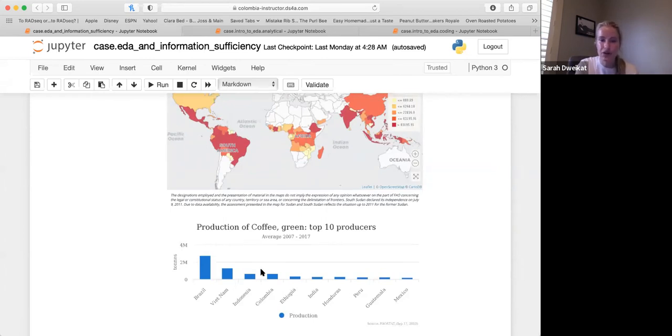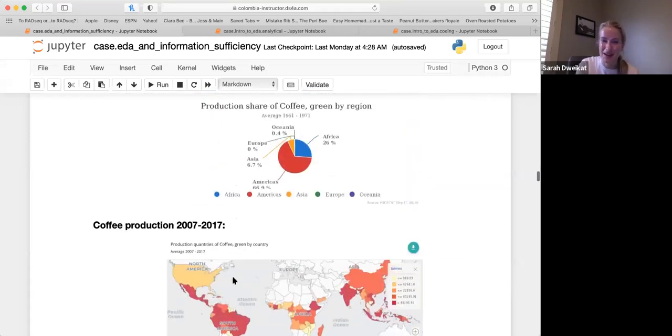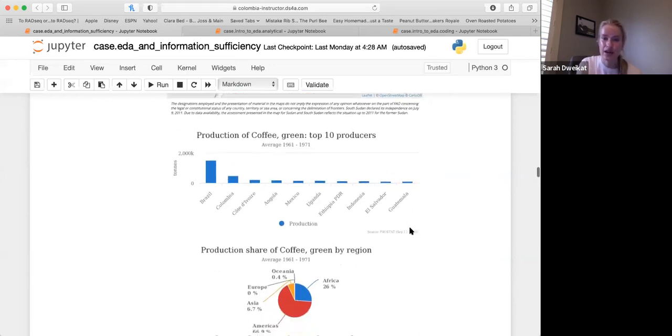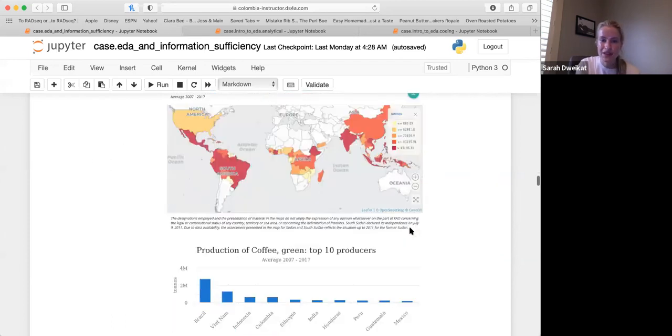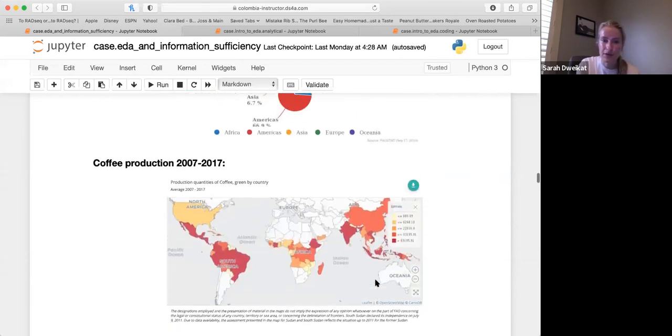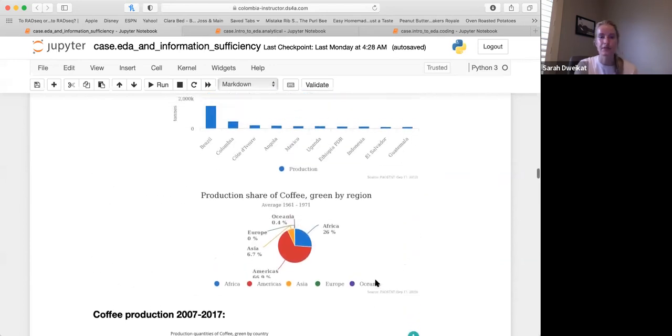But what we do notice is all of a sudden in our later time point, Vietnam has moved into spot number two, and Vietnam was not present at all in 1961 to 71. So we can say that that is most likely. One of the options was Angola dropping off.